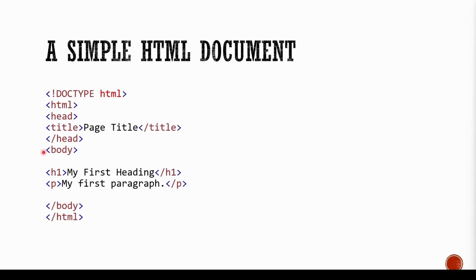Then we have the body starts here, body ends here, HTML starts here, HTML ends here, and between body we have some tags or elements, H1, P. So we are going to learn about them right now with an example.